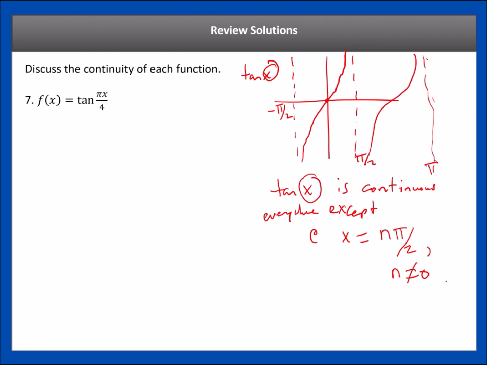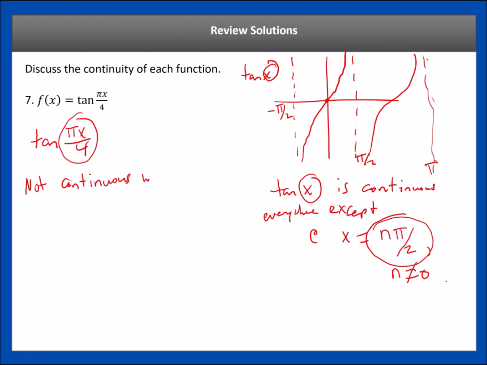We're just going to do this in terms of this function now. So if I look at this function, well, this has to be equal to n pi over 2, right? In order for it to be not continuous, right? So it's not continuous when this is equal to this, basically.